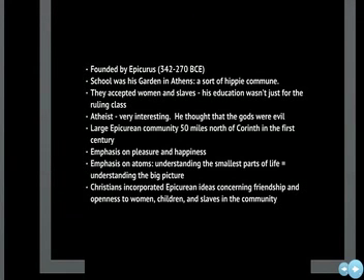And there's also that emphasis on Christian happiness and Christian joy. But the part that you need to know is that Christians incorporated Epicurean ideas concerning friendship and openness to women, children, and slaves.